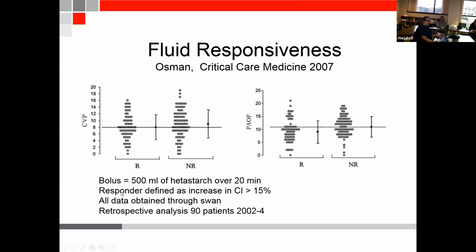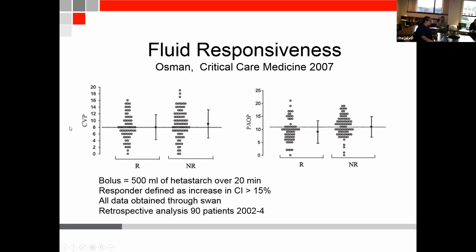It was at the time when hetastarch was still a volume that was given, as a big shot over a 20-minute period, 500 cc's. They defined people who respond as the ones who have a cardiac index improvement by 15%, and the ones who didn't as non-responders. This is how they divided their cohort.